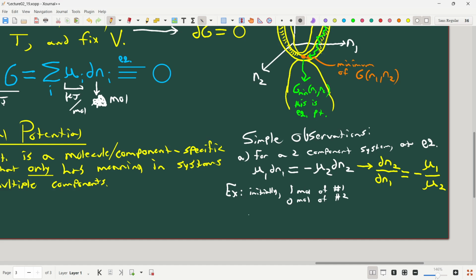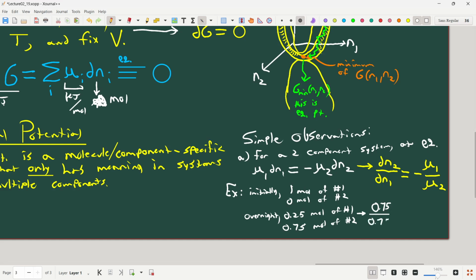And then after overnight, 0.25 mole of number 1 and 0.75 mole of number 2. So what would that ratio be? Well, dN2 is 0.75 and dN1 is 0.75. And so this says, oh wait, that doesn't make any sense. Hold on, what am I doing wrong here?